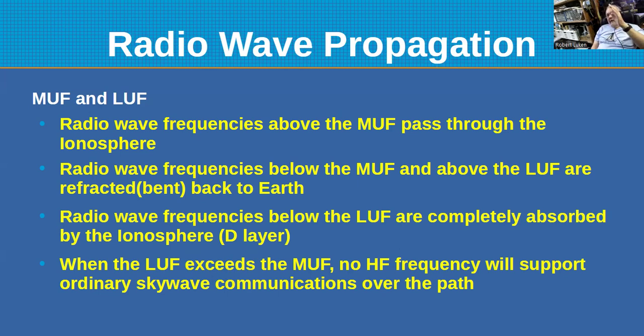So if you think of it getting to the very top of the ionosphere, the top of the F2 layer, and being refracted, that's going to give you the longest hop because it's the highest layer.